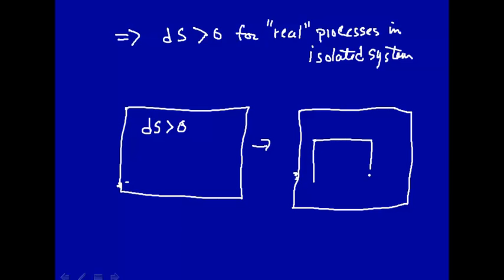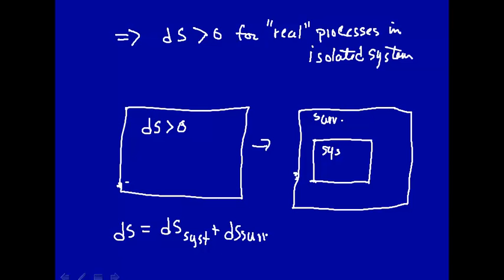So here's our system, and here's our surroundings. And we know that the sum of system and surroundings, dS, which is equal to dS of the system plus dS of the surroundings, has to be greater than 0 for a real process.